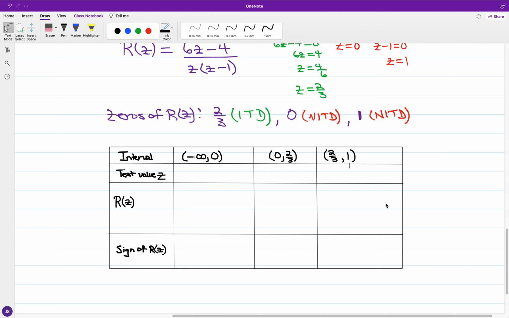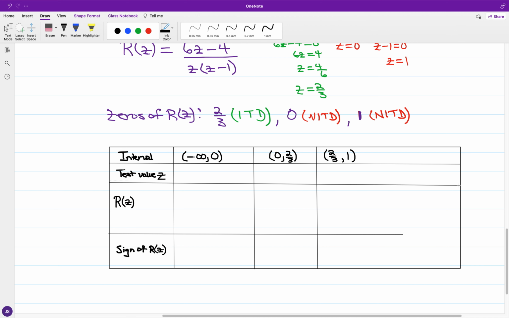And with 1 as the third and remaining zero, the rest of the set will be those values of z which will be greater than 1.